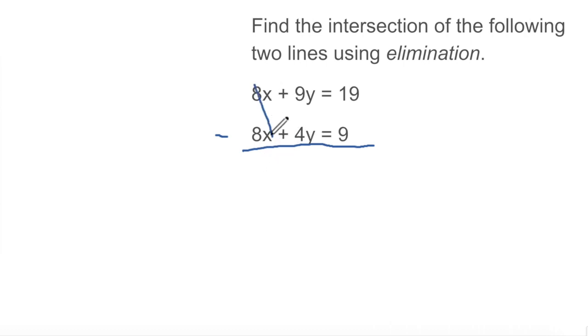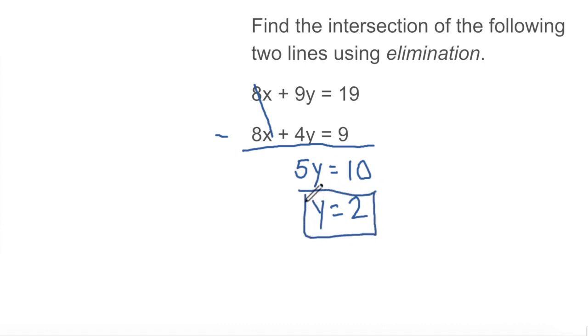That's the whole point. We want to eliminate one variable, which we just did. 9y minus 4y is going to give us 5y. And 19 minus 9 is going to give us 10. So y here is going to equal, well, let's see, we divide both sides by 5. So we get y equals 2. y equals 2 is our solution.